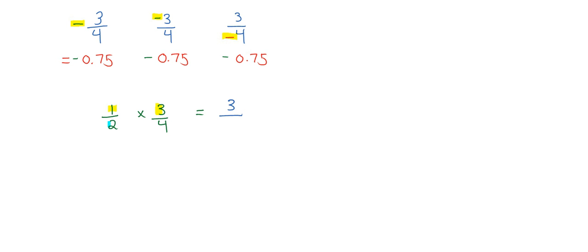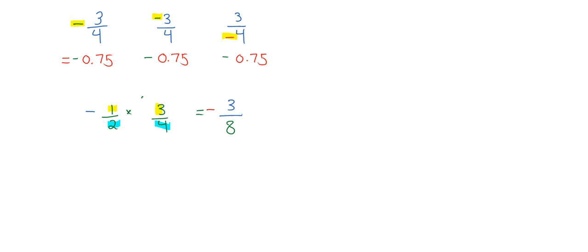On the denominators, I have a 2 and a 4, so 2 times 4 is 8. So our answer here is 3 over 8. Now, if I put a minus sign here, then my final answer would be negative.